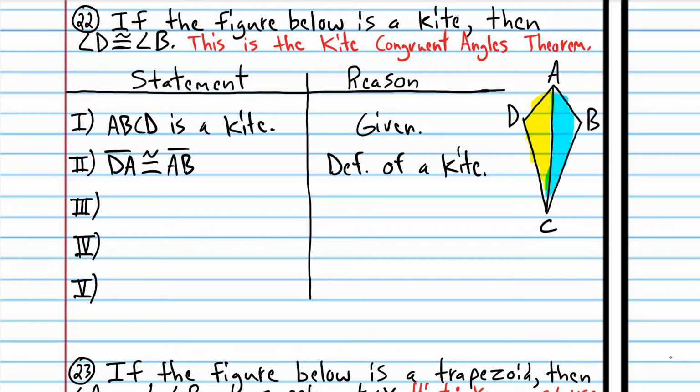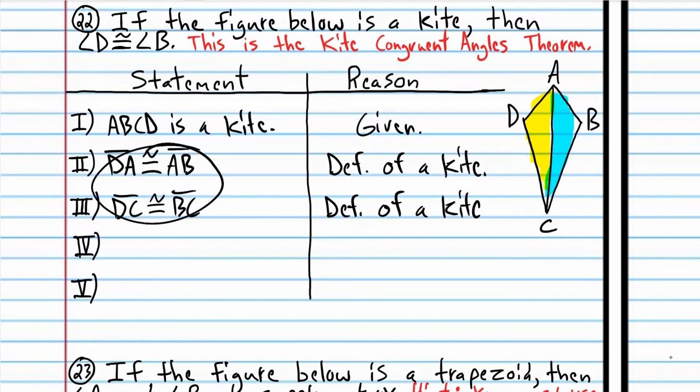We also know that DC, the other pair, they're congruent. So DC must be congruent to BC. And that is the definition of a kite also. You could combine these into one step, and maybe we should do that depending on how much room we have. Or maybe I can just add another step if I need to.